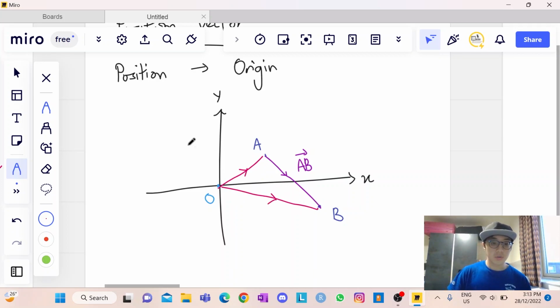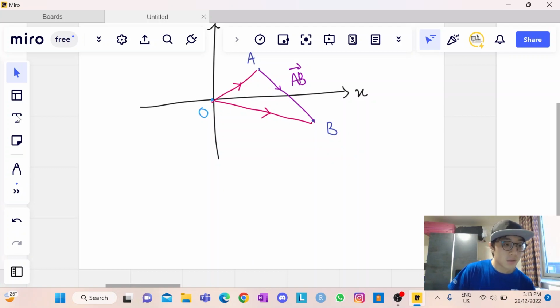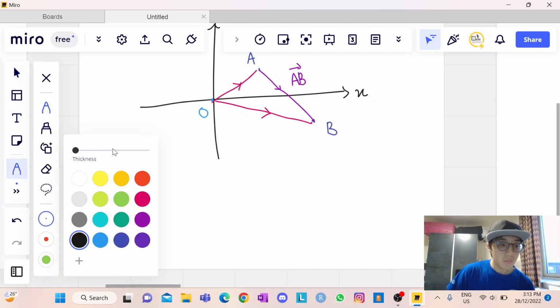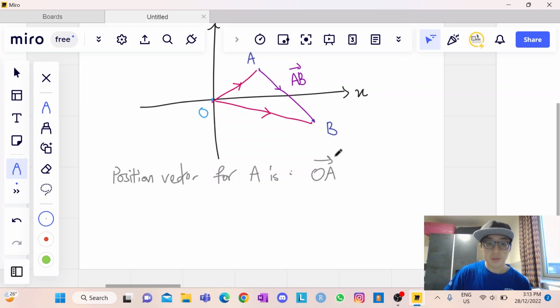If we are going to write it down, the position vector for A is OA and for B is OB.